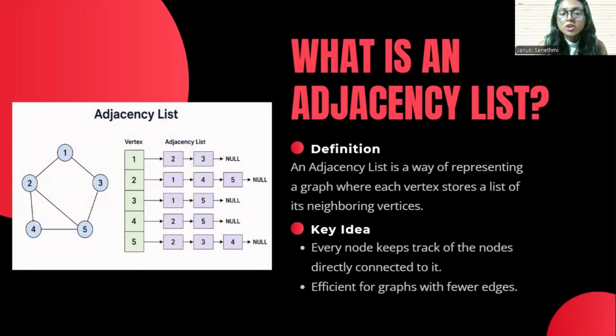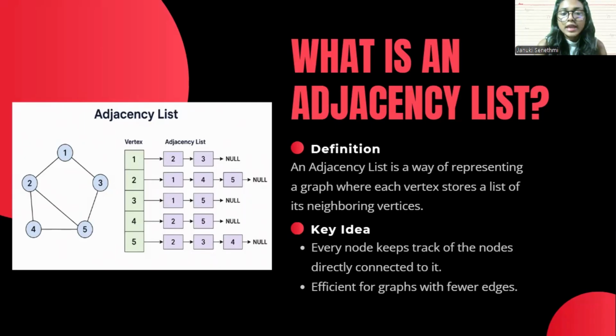Now that we know what a graph is, let's look at what the adjacency list is. An adjacency list is a way of representing a graph where every vertex stores a list of its neighboring vertices. In simple terms, each node keeps track of the nodes directly connected to it.